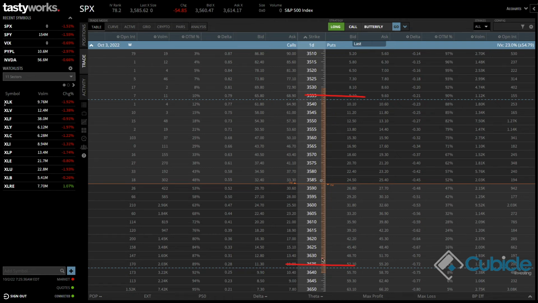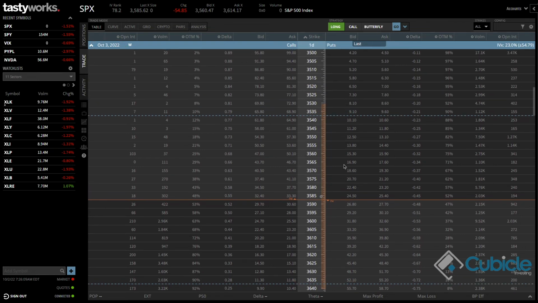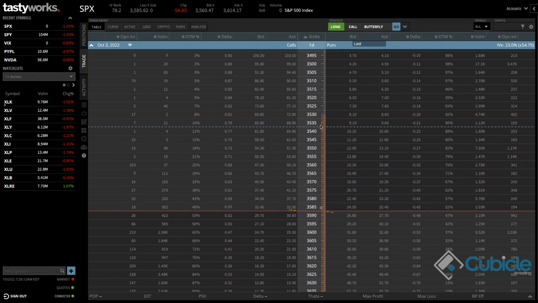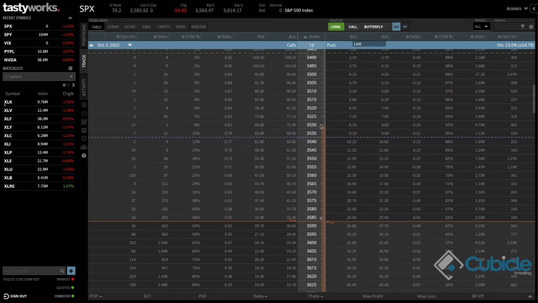Now, had you on Friday, right before the market closed, decided that you wanted to put on a trade that expires on Monday, October the 3rd, then knowing that the price of SPX on average opens the next day up or down 50 points, it would have behooved you to select, for example, on the put side, a strike beyond that negative 50 point potential open price on the SPX.